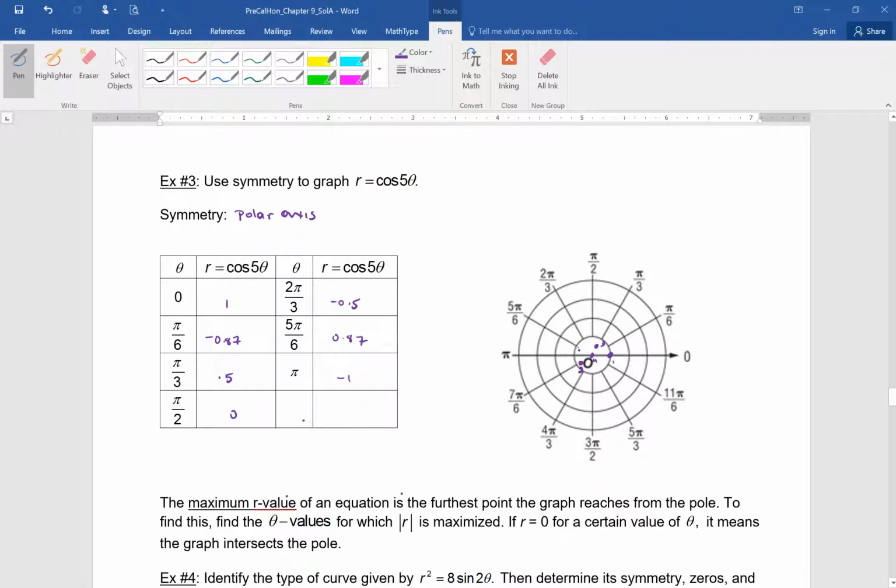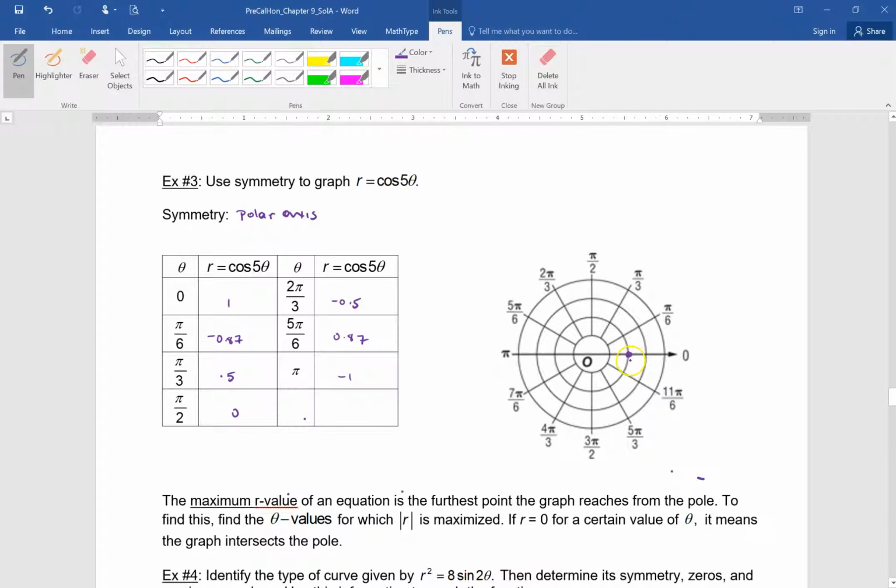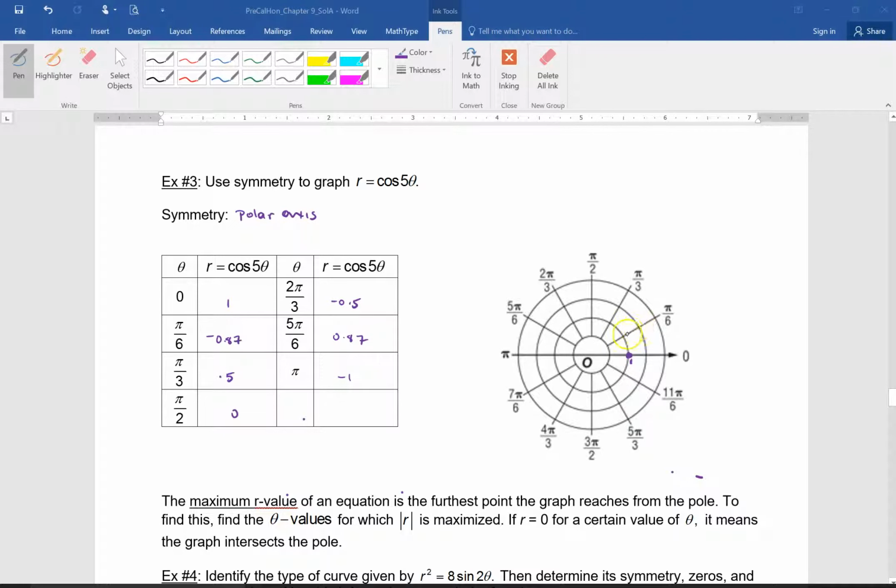Why don't we make each of them half? So let's calibrate so we open it up a little bit. Let's make each of them a half so you guys could see it better. So let's make this a 1 here, and this will be the 0.5. That's your first point. And then make the pi over 6 negative 0.87 here. That's your second point.